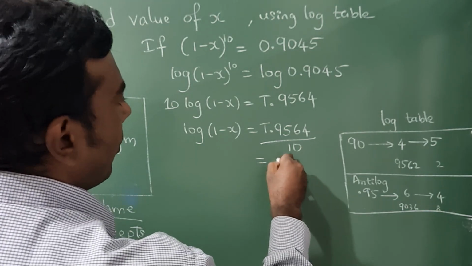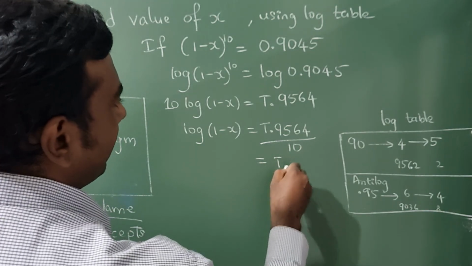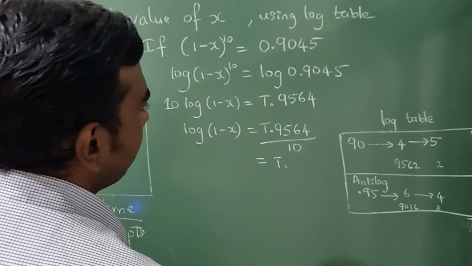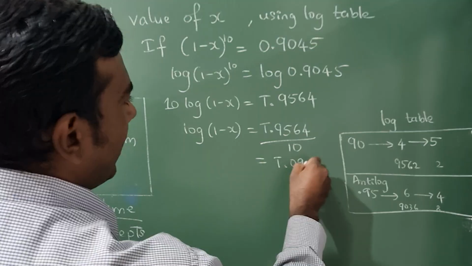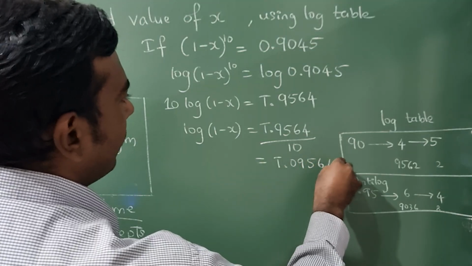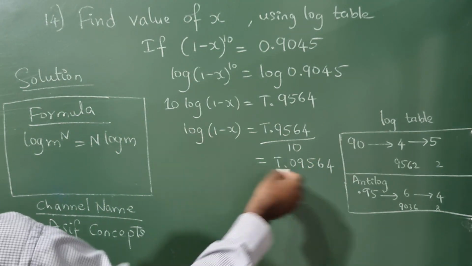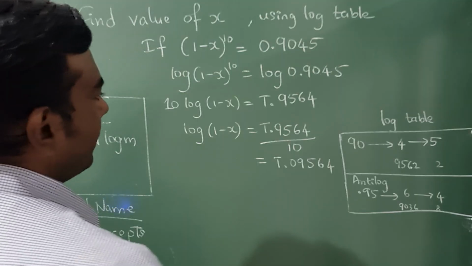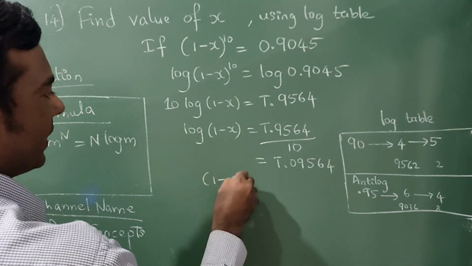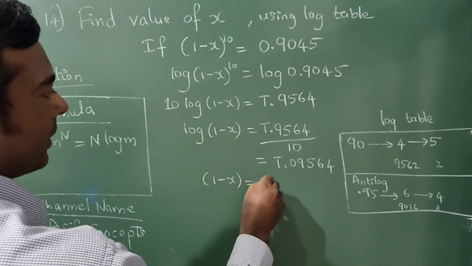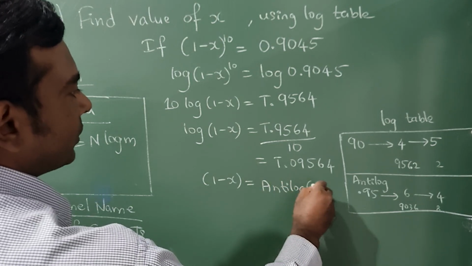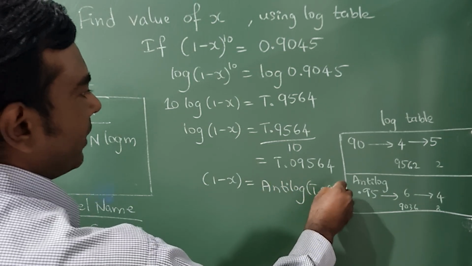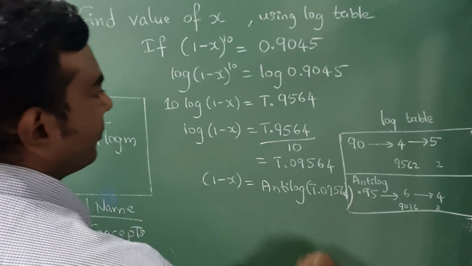So 1 bar 0.9564. Now take this log to the other side. So it will become 1 minus x equals antilog of 1 bar 0.9564.